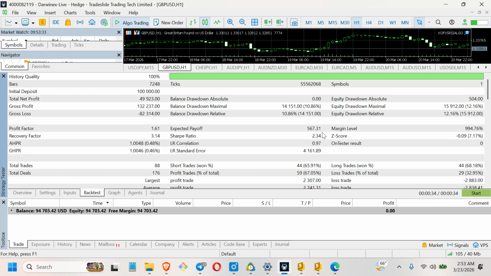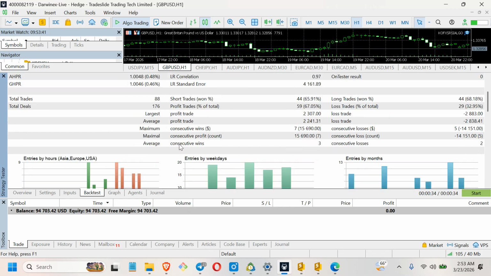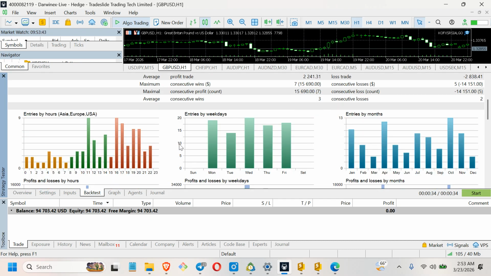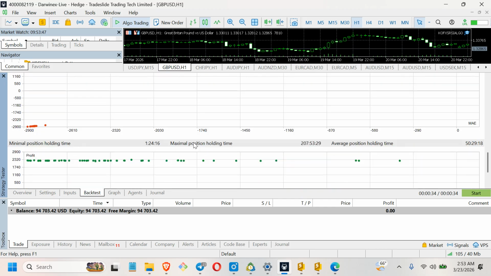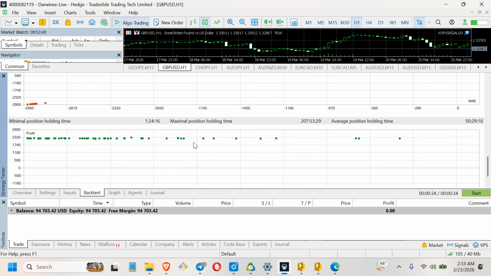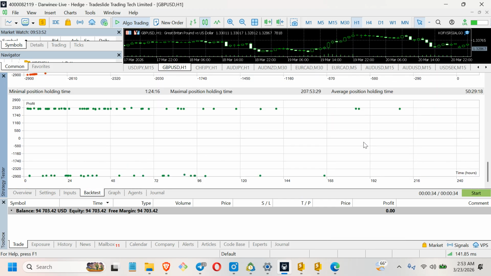That's better than 1.26, right? Recovery factor 3.14, very nice. 88 trades. Kind of the same.